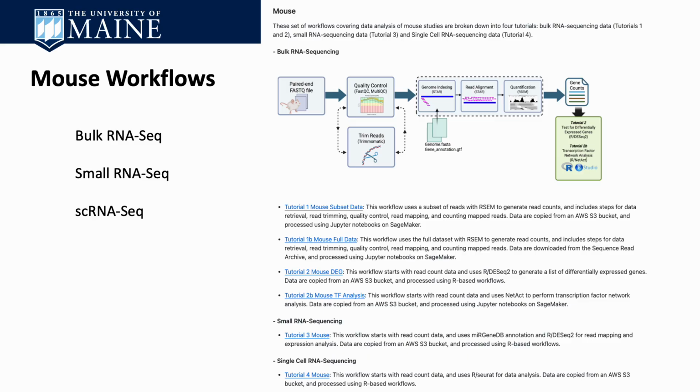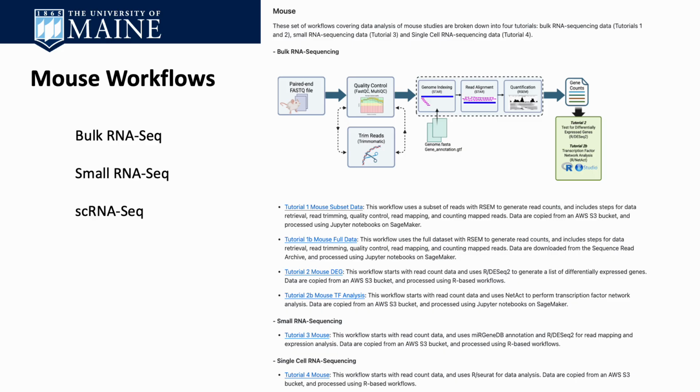This is the list of the mouse workflows that we've put together. We have a set for bulk RNA sequencing and then small RNA sequencing to look at differentially expressed microRNAs, as well as single-cell RNA-seq. For bulk RNA sequencing, there are actually 4 different tutorials. 2 of them, tutorial 1 and 1b, deal with read pre-processing and mapping in order to get those read counts.